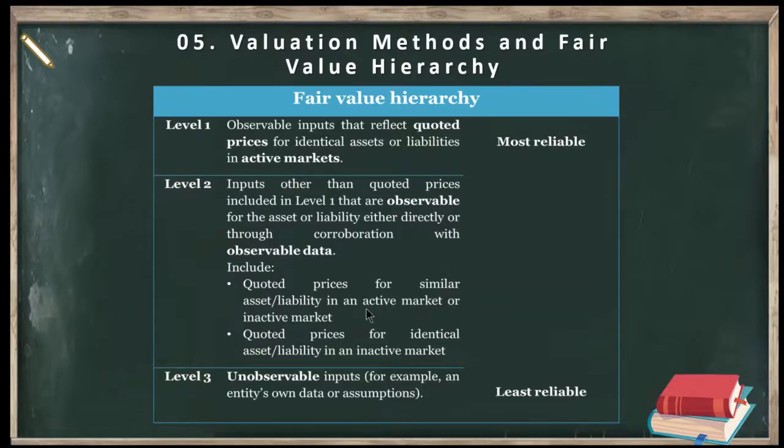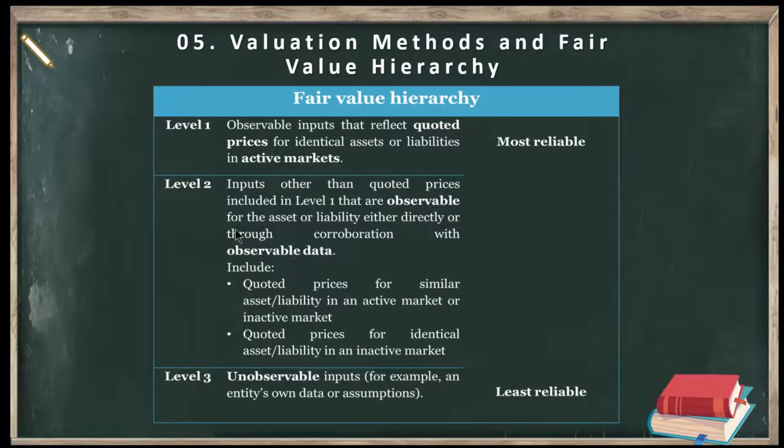So, active market siya or inactive pero similar lang, dili identical. Pagabot diri, identical siya pero ang market kay inactive. Kay kung nahimo ni siyang active market, then that's a level 1 input. Pero wala siya mo meet sa identical and then active market. Only identical but inactive. Kani active pero similar lang.